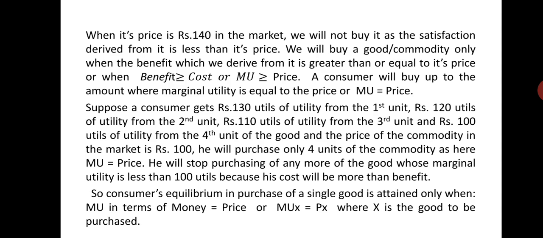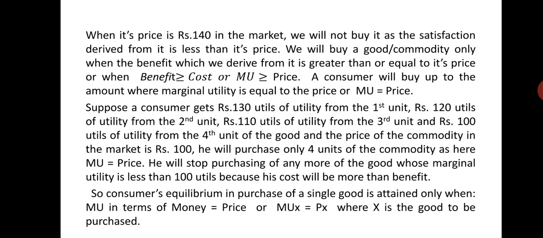A consumer will buy up to the amount where marginal utility is equal to the price, or MU is equal to price. So we are ready to purchase a commodity only when marginal utility from the commodity is greater than or equal to the price of the commodity. It is the condition.